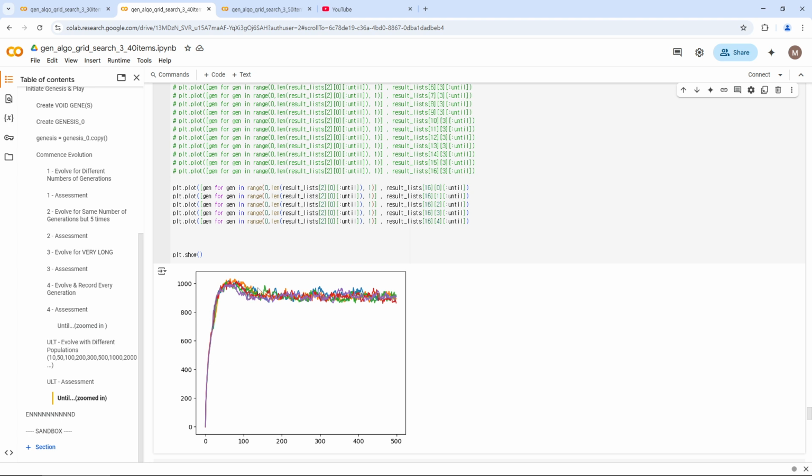Yeah, and sure, there may be ways of preserving these bests, or kind of recording these bests and then bringing them back at something like generation 300.